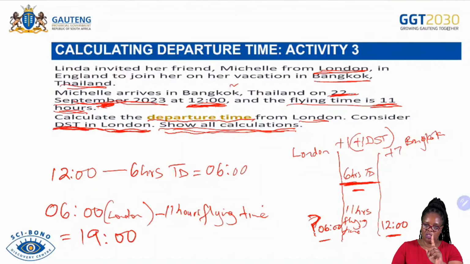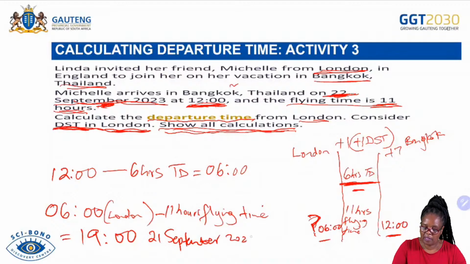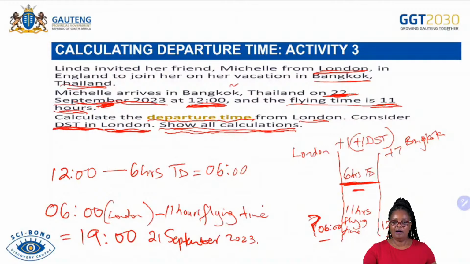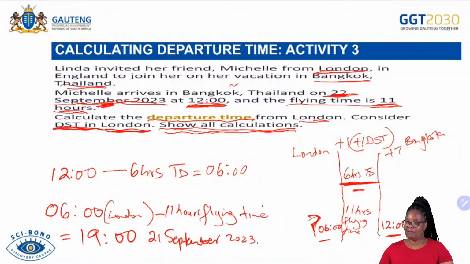So it is no longer the 22nd, but it is the 21st. So our answer here will be the 21st September 2023. This is our departure time. We have calculated our departure time.